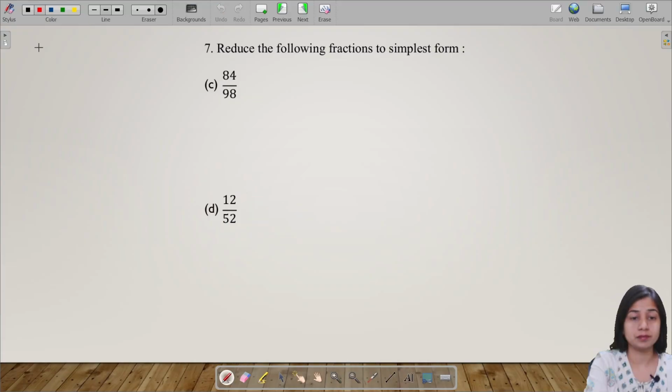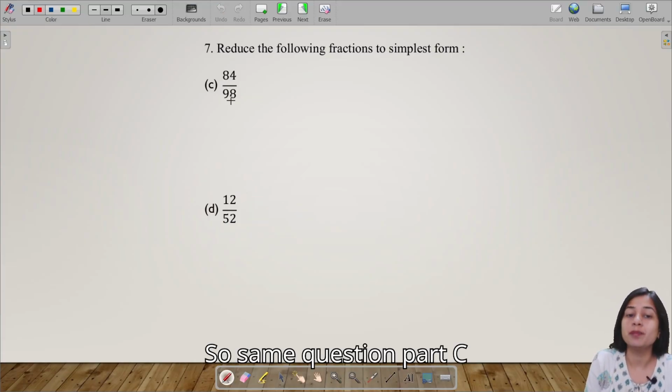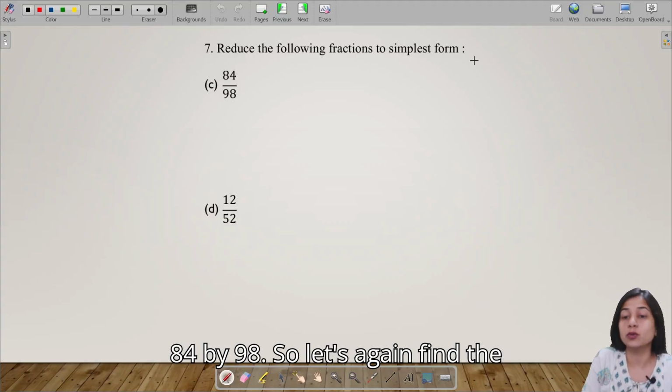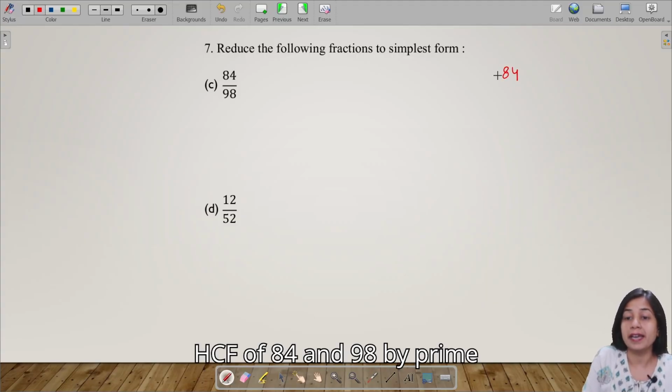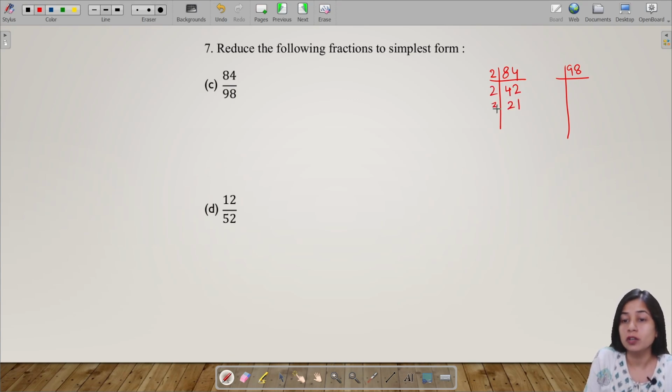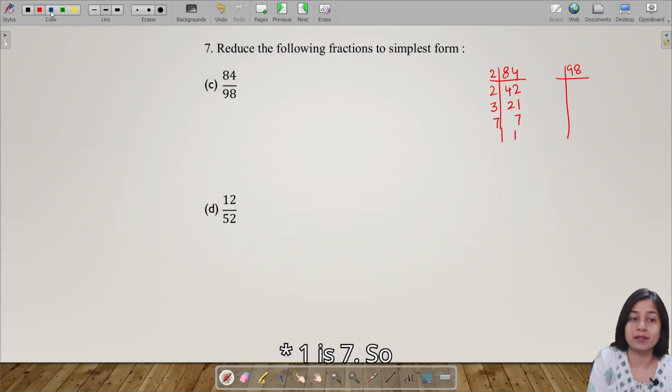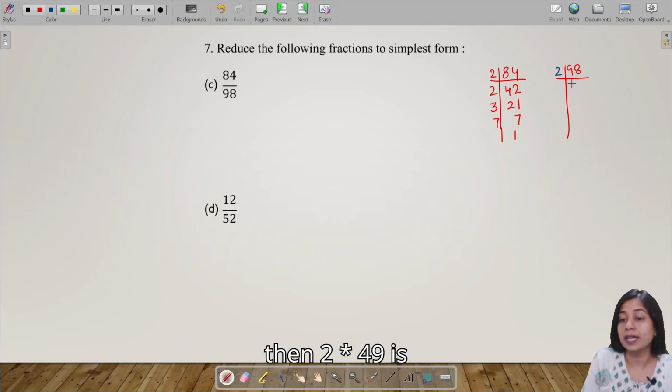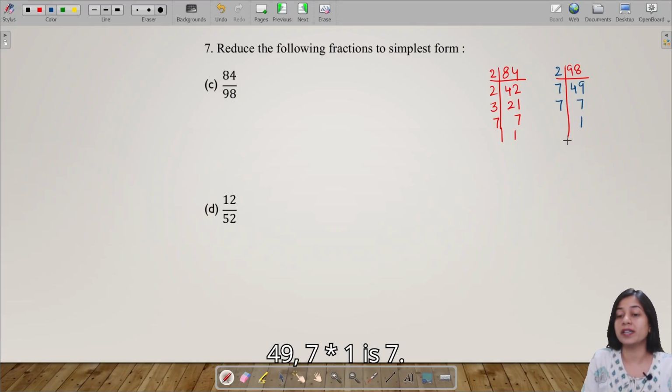Moving ahead. Same question, part C, 84 by 98. So let's again find the HCF of 84 and 98 by the prime factorization method. So 2 times 42 gives us 84, 2 times 21 gives us 42, 3 times 7 is 21, 7 times 1 is 7. Then 2 times 49 is 98, 7 times 7 is 49, 7 times 1 is 7.